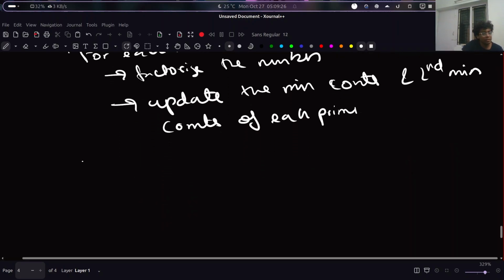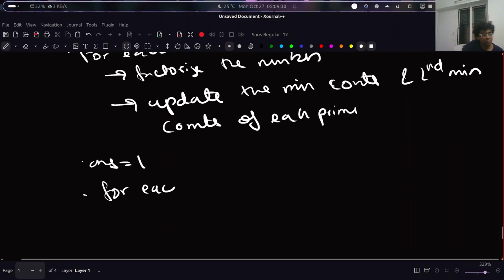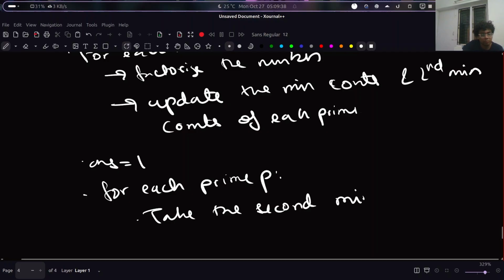Finally, at the very end we can set the answer equal to 1, and for each prime p, take the second minimum. That's all we need to do.